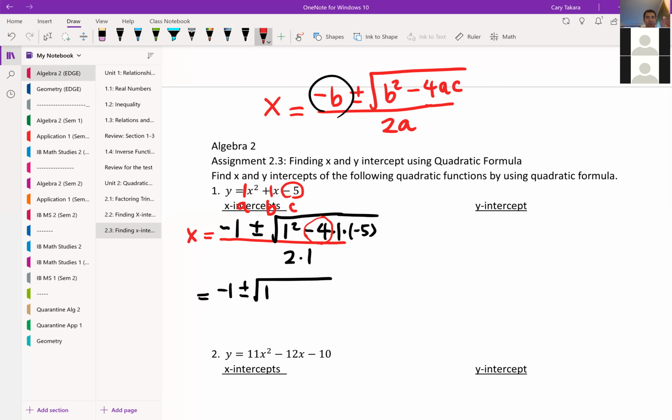Just do -4 times 1 times -5. You do that, and you can eliminate lots of headaches. -4 times 1 is -4. -4 times -5 is +20, over 2. So we've got -1 plus minus the square root of 21 over 2.